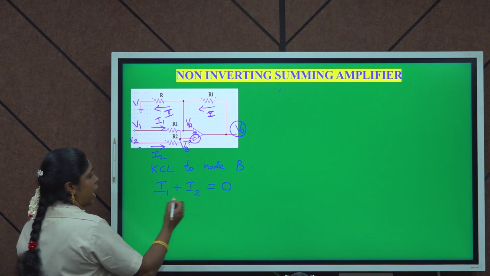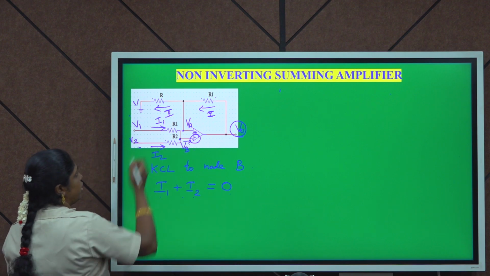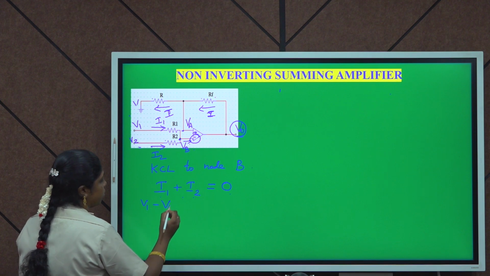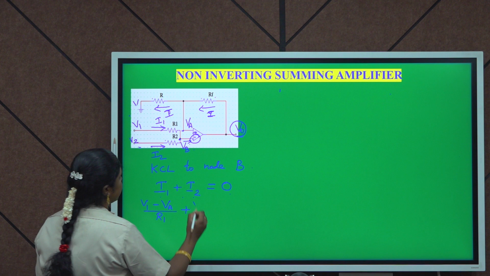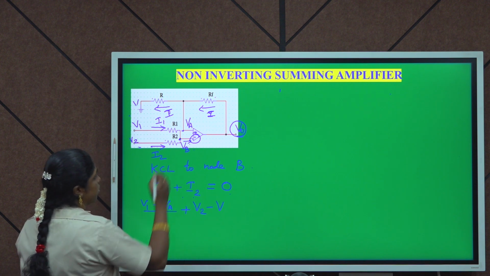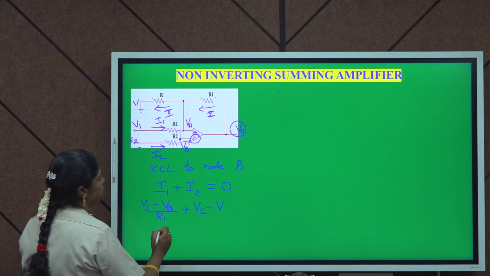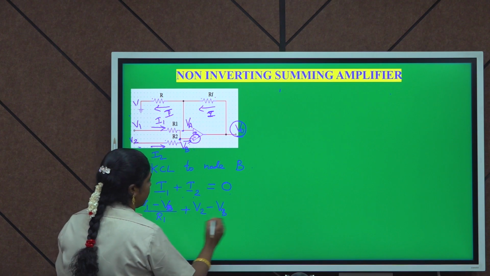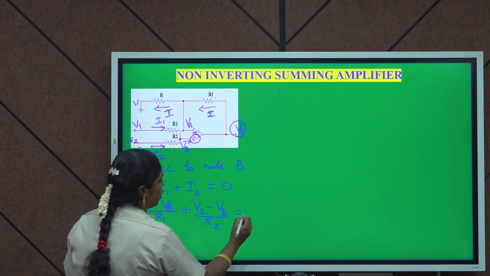So we can write I1 plus I2 is equal to 0. For I1 and I2, we can write V1 minus VB divided by R1 plus V2 minus VB divided by R2, which is equal to 0.